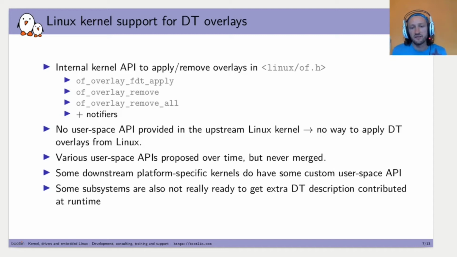As I said, some subsystems are not prepared to load the device tree dynamically after boot in Linux, and it could break something. That's why none of the APIs was ever merged.